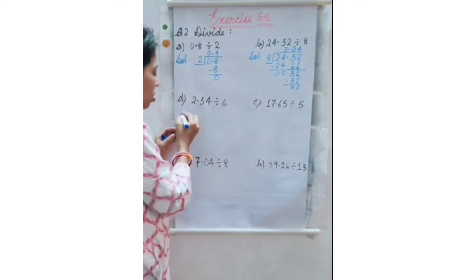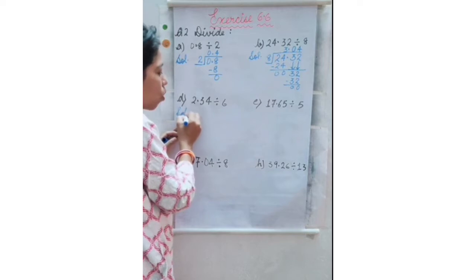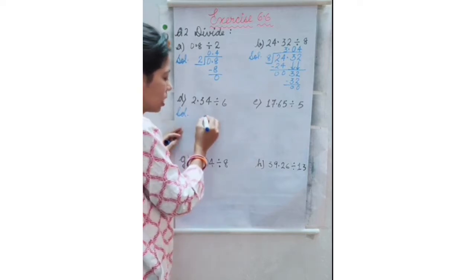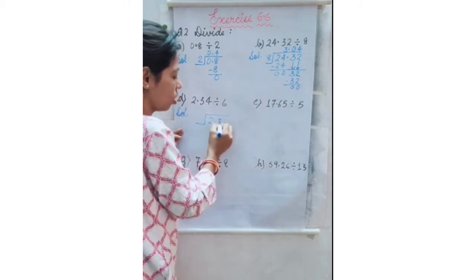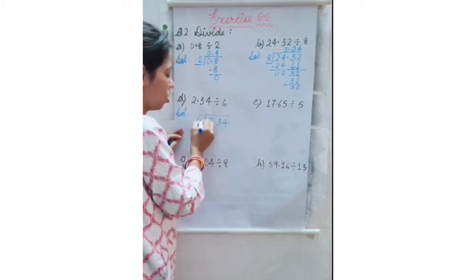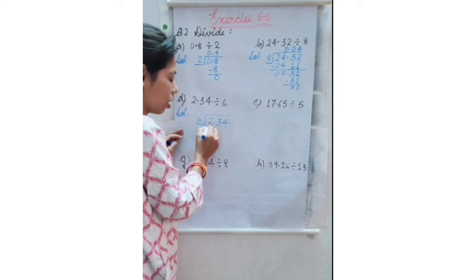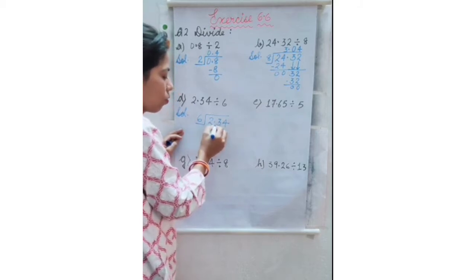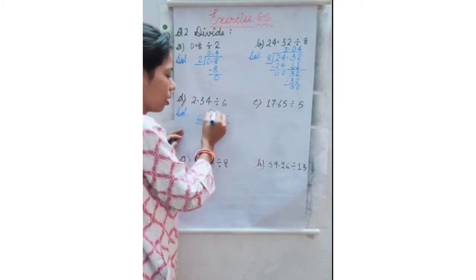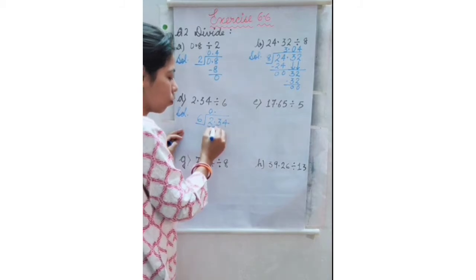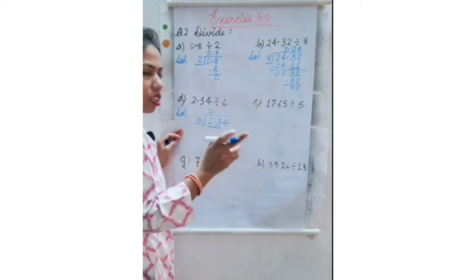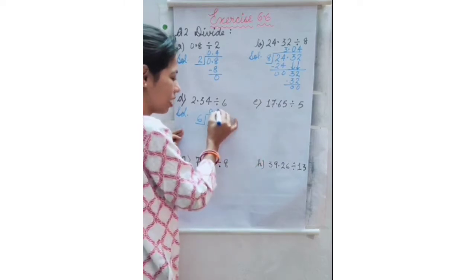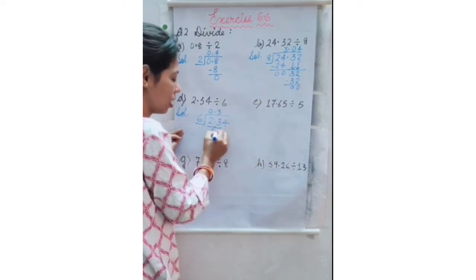Next D part is 2.34 divided by 6. Here we cannot divide this 2 and after this 2 decimal is there, so we will place decimal first. Now we will take this 2 3 together. 6 3s are 18, 6 4s are 24, so we will take 6 3s are 18.